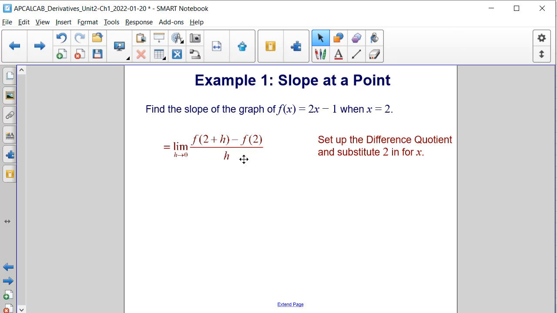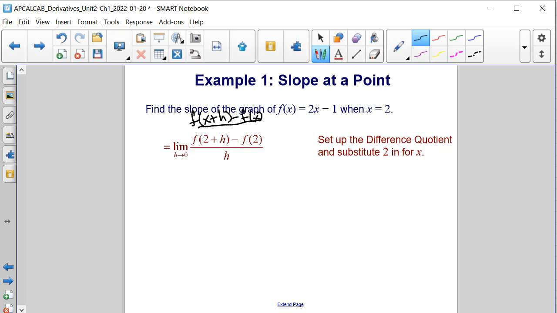Let's start by setting up the difference quotient, where we have f of x plus h minus f of x all over h. And then from there, we are going to substitute 2 in for x, so we have f of 2 plus h minus f of 2 all divided by h. And in order to find the slope of the graph, we are going to be finding the limit of this as h approaches 0.